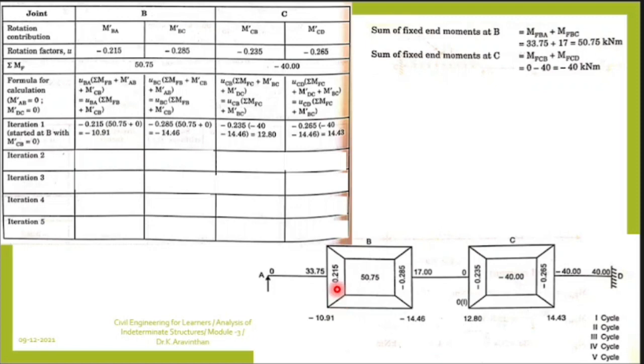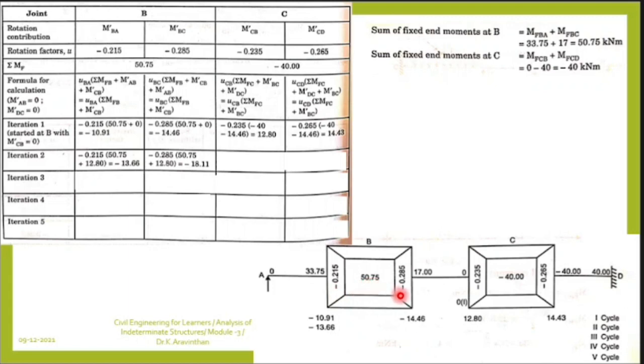You have to add 50.75 plus, so what is M dash CB? 12.8. What is your previous M dash CB? It is 12.8, and 50.75 plus 12.8 into what is your rotation contribution? Minus 0.215. So your answer will be this, that is minus 13.66. You will be getting minus 13.66 here.